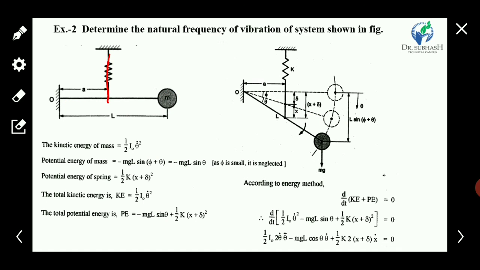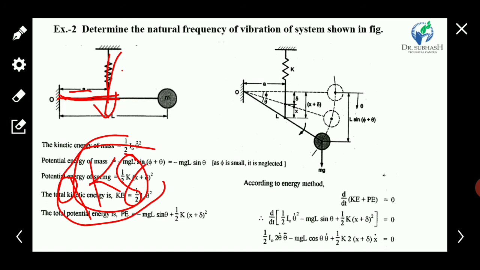Spring force torque: spring force is k times deflection delta, so k delta, and torque is force times perpendicular distance. The perpendicular distance is a, so the spring torque is k delta a.